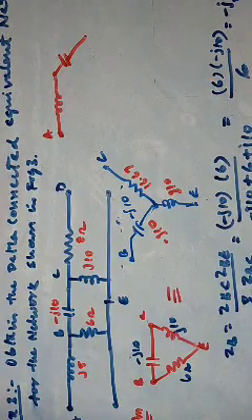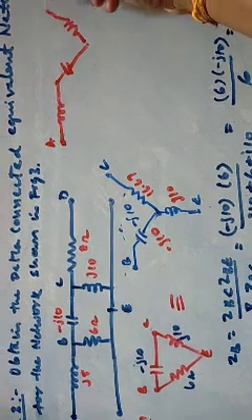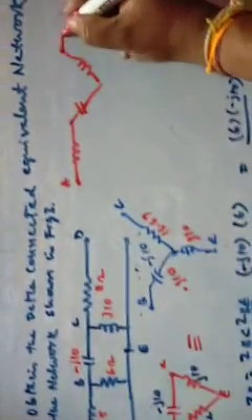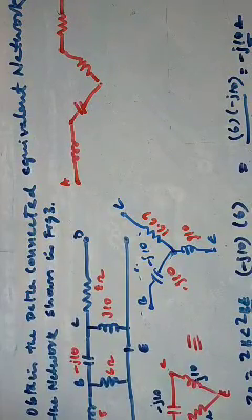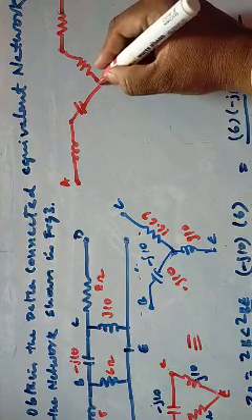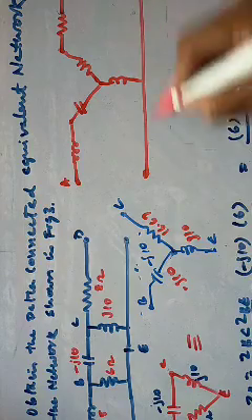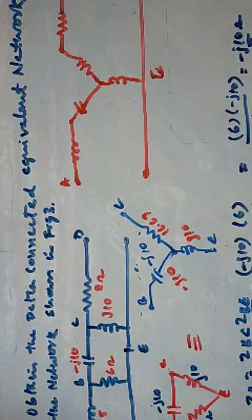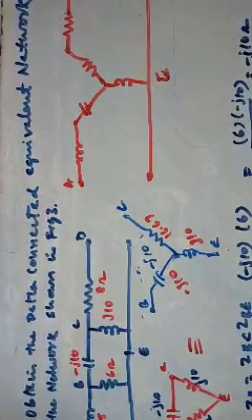ZC is resistance, and this is D. This part is inductance, and the downward part is the same, it is C. What is this?